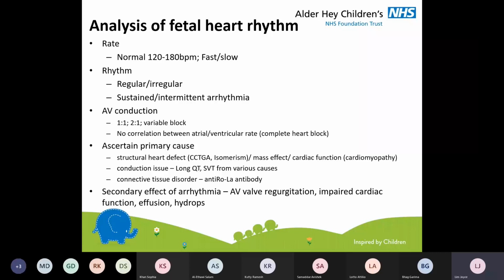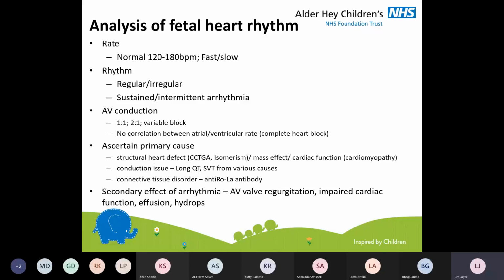And for families or mums who know that they are anti-Ro, anti-La antibody positive, they may or may not have associated connective tissue symptoms. They may present with fetuses with a complete heart block or impaired function on the left-hand side itself. So when you're assessing the heart rhythm, it's not just the rhythm that you look at; you look out for the underlying cause of it, and also the secondary effects of the arrhythmia.